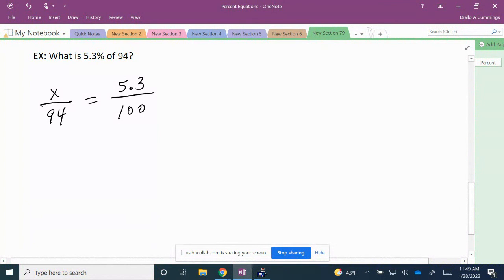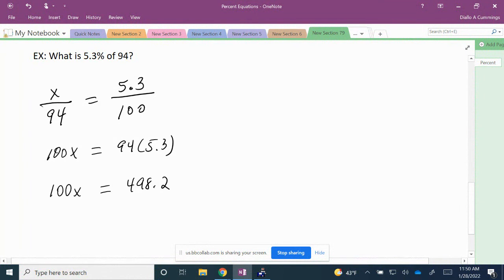Now we're going to use the cross product property to cross multiply and divide. I'm going to multiply x times 100, so I have 100x. I'm also going to multiply 94 times 5.3. So we have 100x is equal to 498.2.